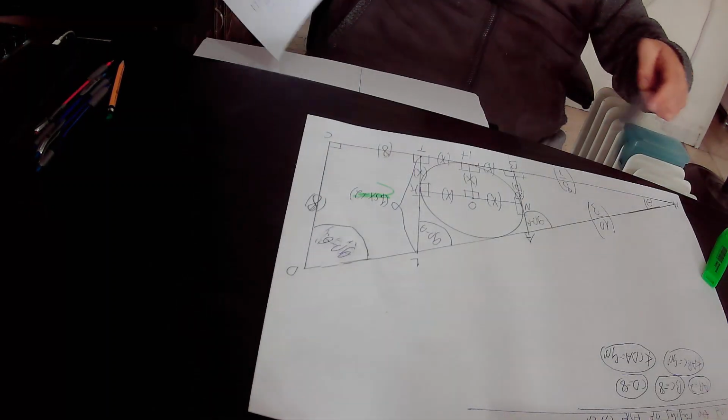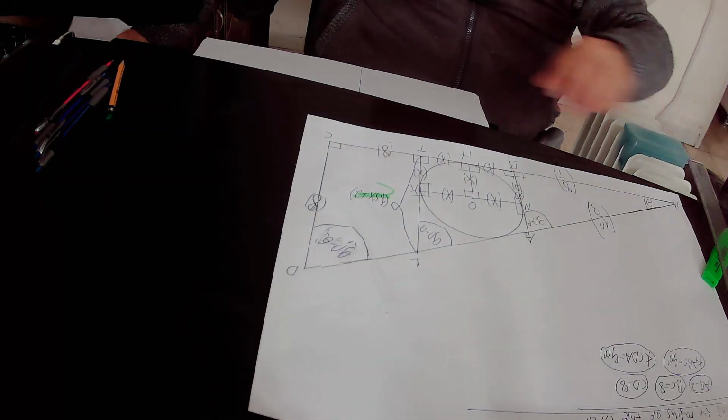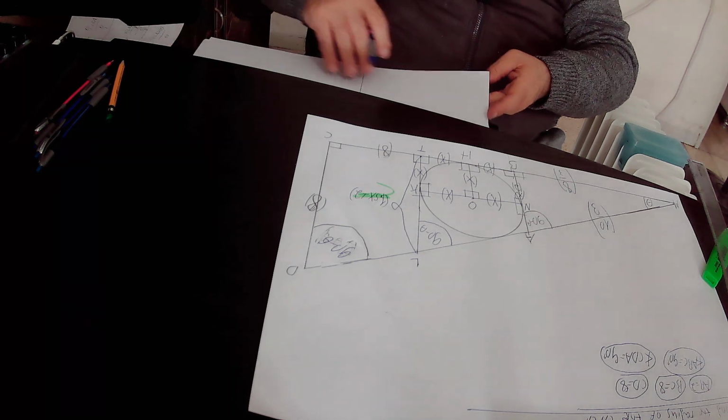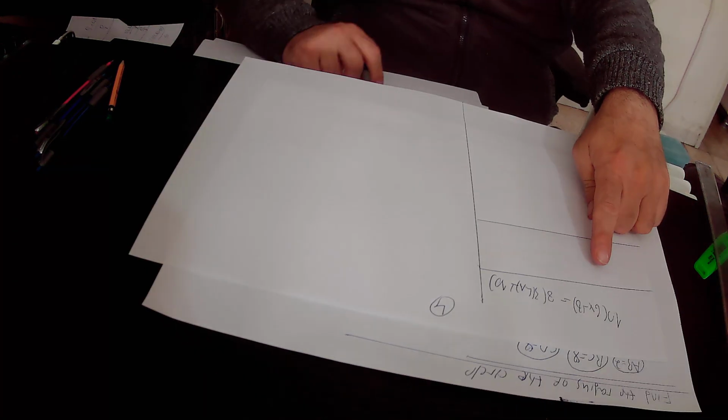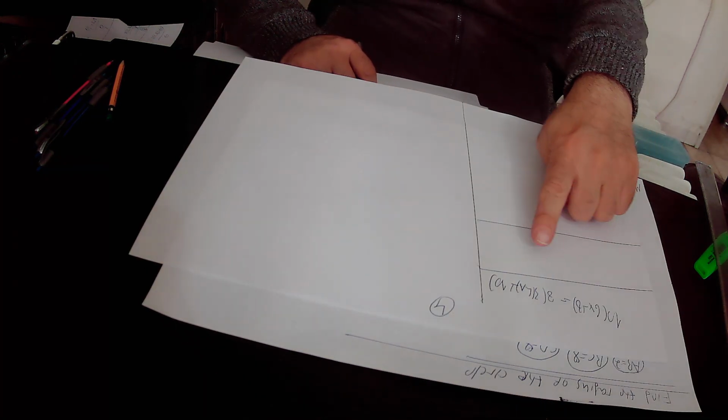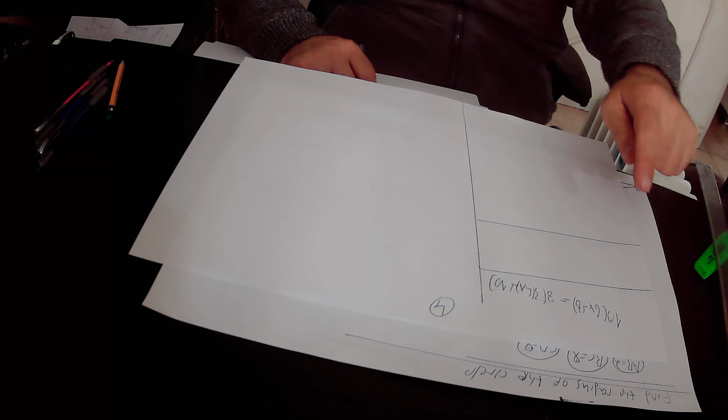So repeat again. We actually found out that 10 times (6x plus 8) equals 8 times (3LA plus 10).